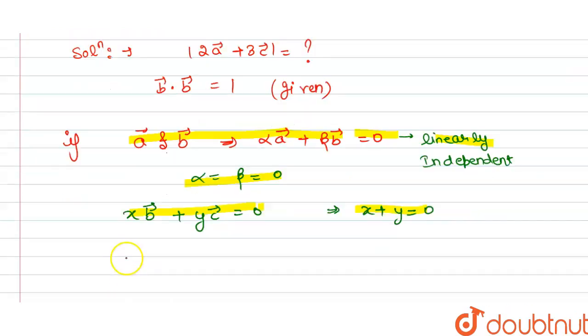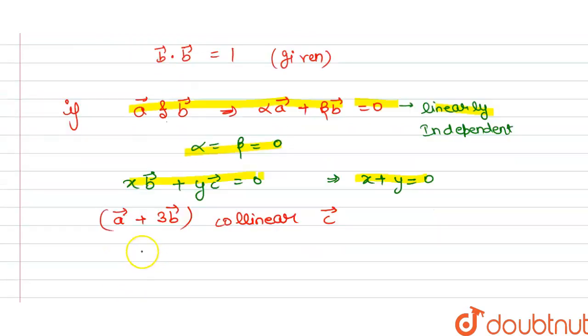So from here, if a plus 3b is collinear with c, then their cross product must be equal to 0. So we can write that (a plus 3b) cross c is equal to 0.